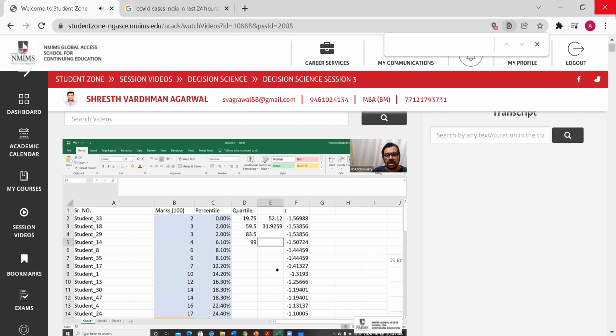Okay, so i equals 12.5. So we need to look at the 12.5th observation, the observation which is slightly bigger than 12.5, which is this.